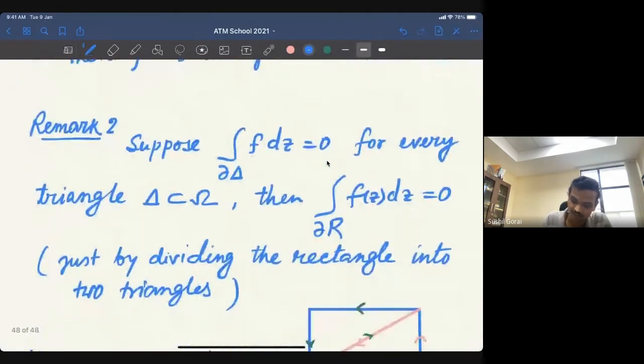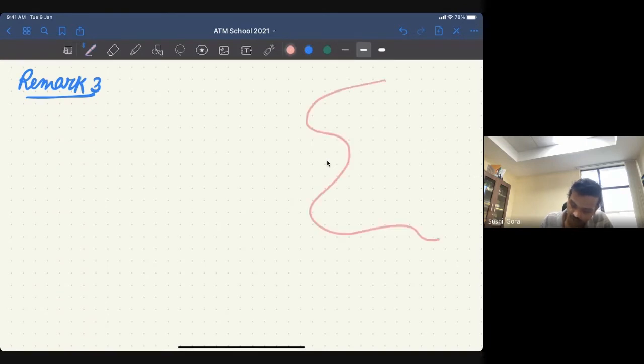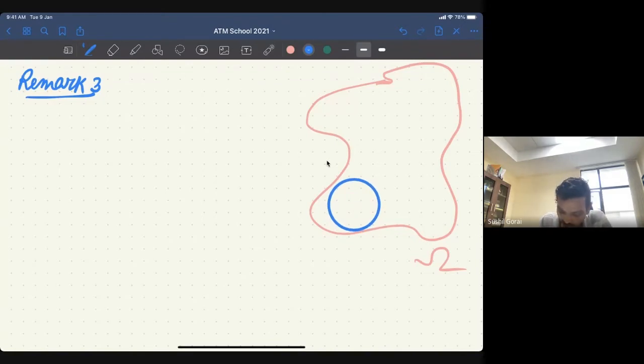All right, third remark. Remark 3 is, let us look at the Cauchy integral formula in its simplest form. So consider a domain. Let's say this is your domain Omega, and suppose you can put a disk inside Omega. So this is any disk.